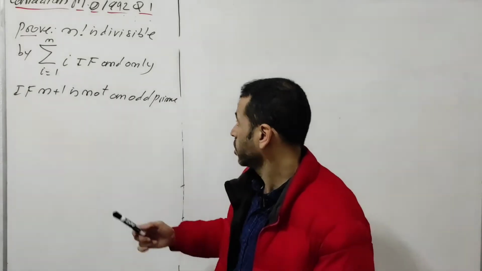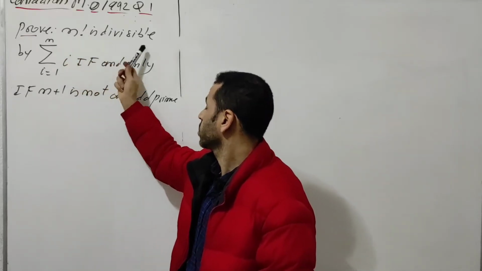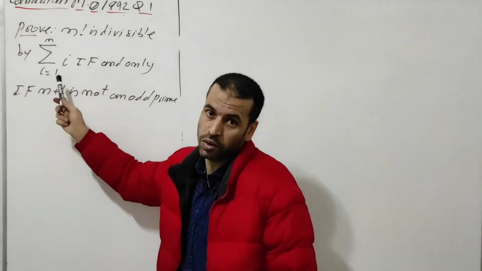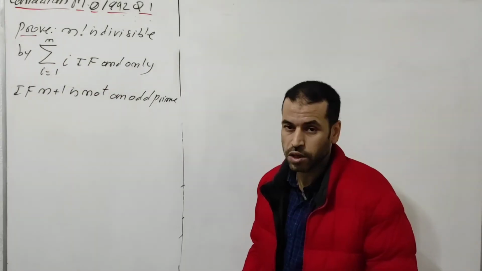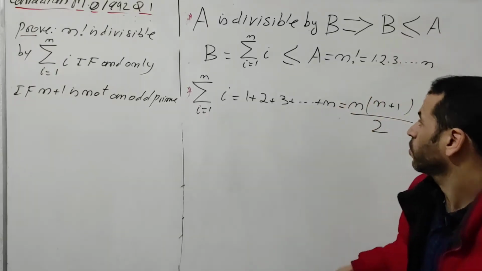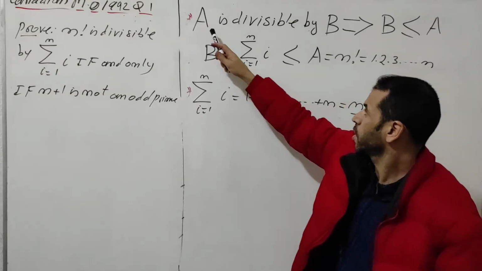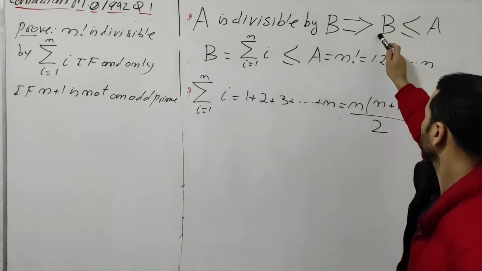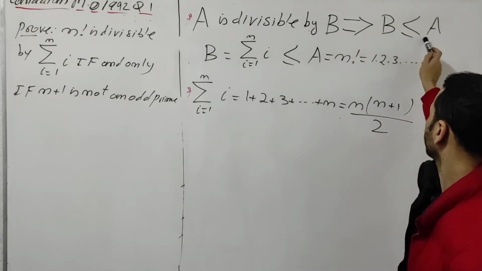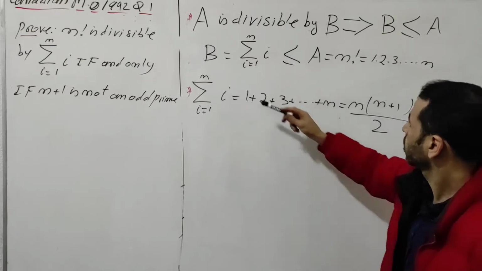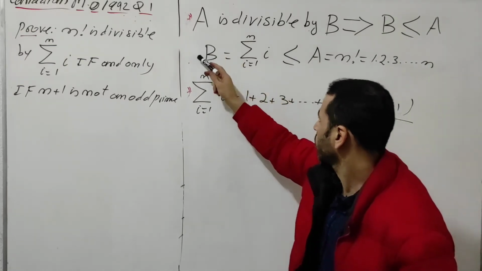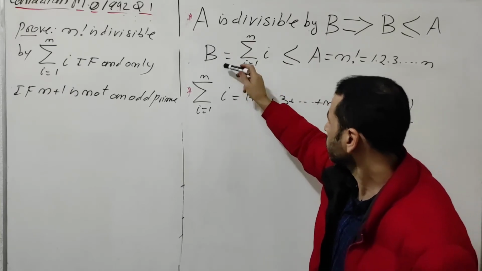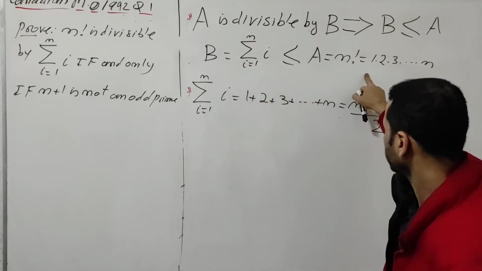Another thing here: when we say n factorial is divisible by this sum, that means n factorial is bigger than or equal to this one. I'm going to give the following hints in order to solve this problem. We say if capital A is divisible by capital B, it implies B must be less than or equal to capital A. So I'm replacing capital B with this sum, because I believe this sum is less than or equal to this product.